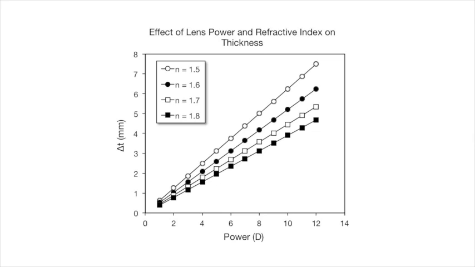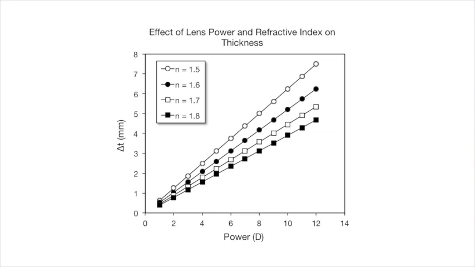The same applies for a hyperope, of course. The benefits are perhaps less tangible, but they're there nonetheless. As we will discover when we think about different lens materials, going to a higher index means a thinner lens, but it doesn't necessarily mean a lighter lens, because the specific gravity or density of the higher index materials tends to be higher.